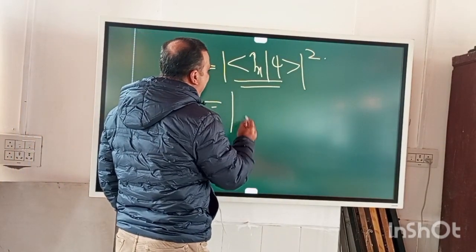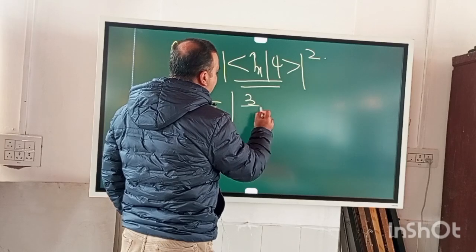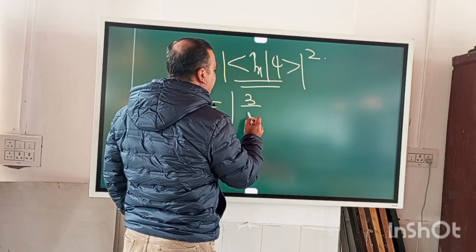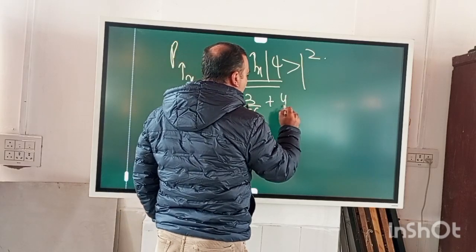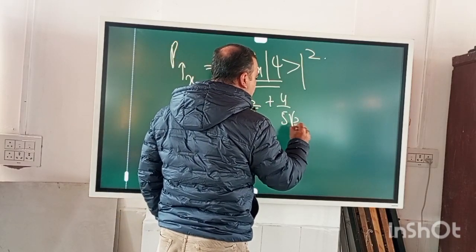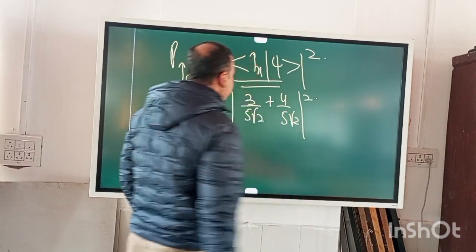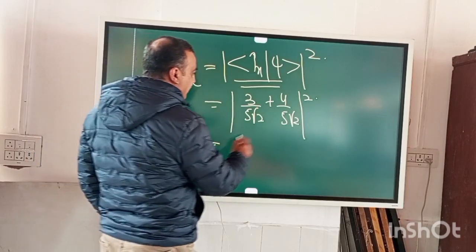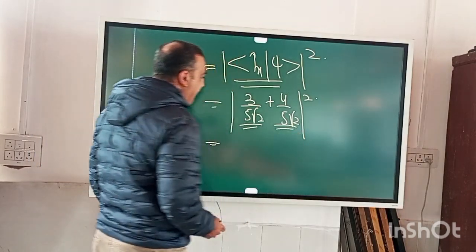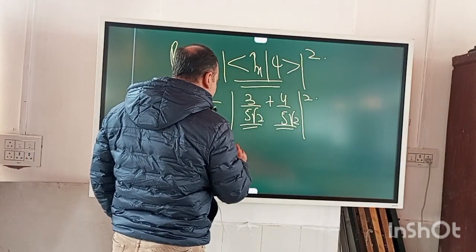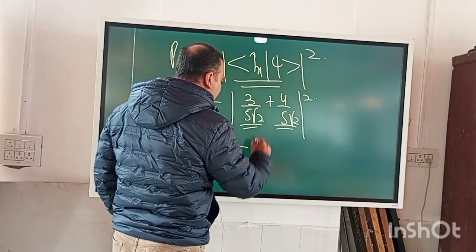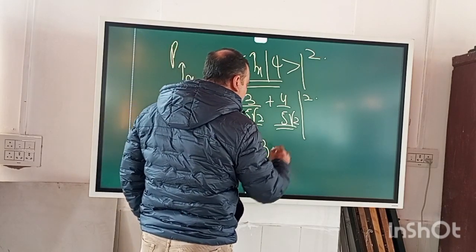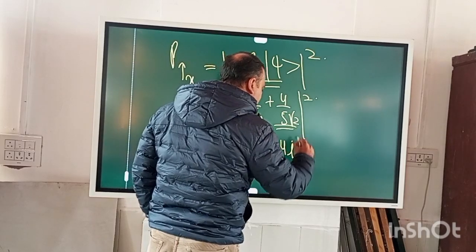So what I will have is 3 by 5 root 2 plus 4 by 5 root 2 i, whole square. 5 root 2 can be taken out, so we take the square of that, which will be 25 times 2, and then you will have 3 plus 4i.